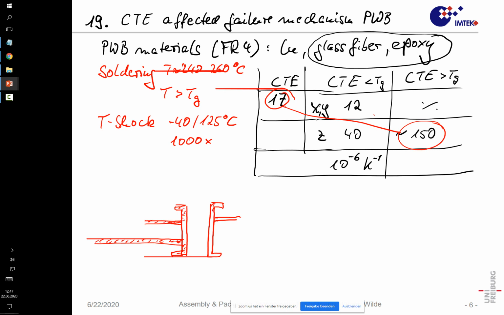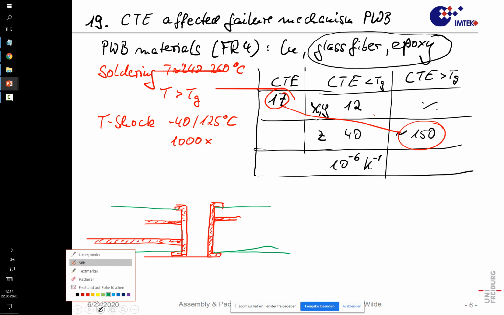And now what happens when we heat it? Yeah, I first have to put in the resin. And now we heat it to 260 degrees centigrade.